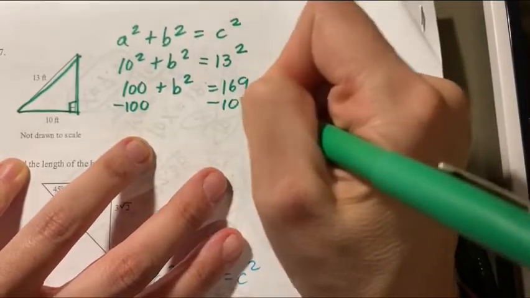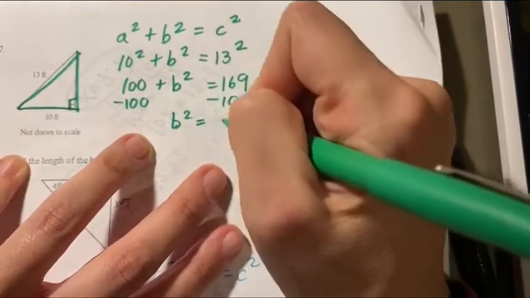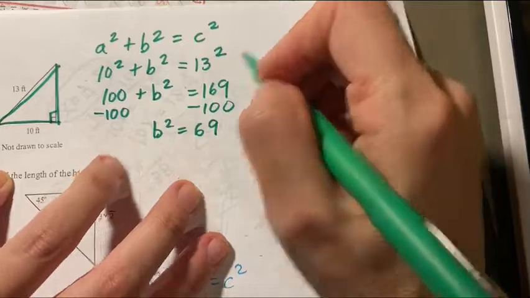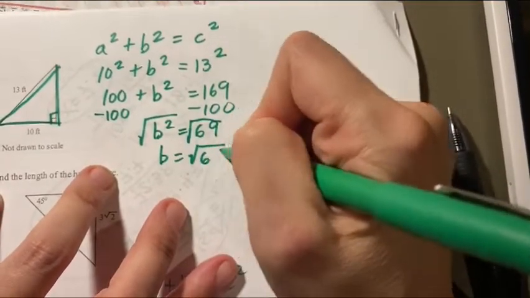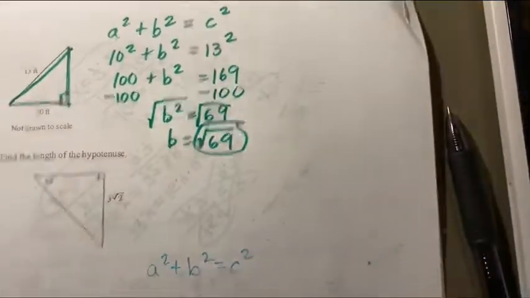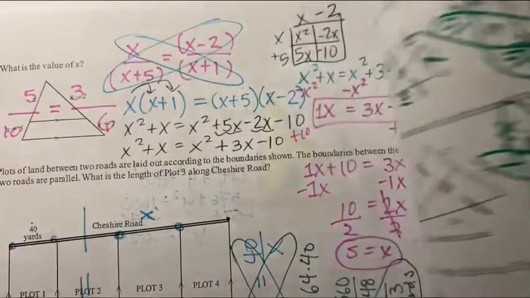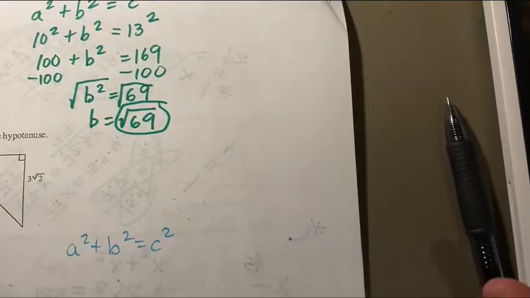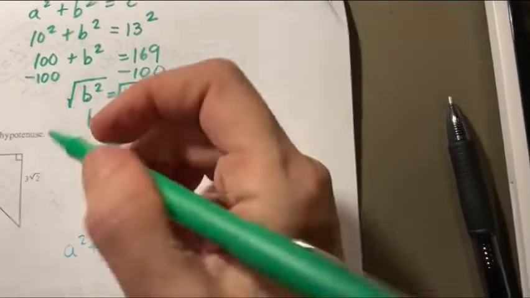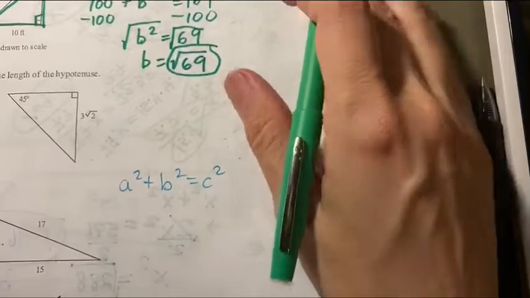I'll subtract 100 on both sides. I get B squared is equal to 69. So I'll take the square root of both sides and get b is equal to the square root of 69. Now I think it doesn't really say, so I could leave it like that or turn it into a decimal.